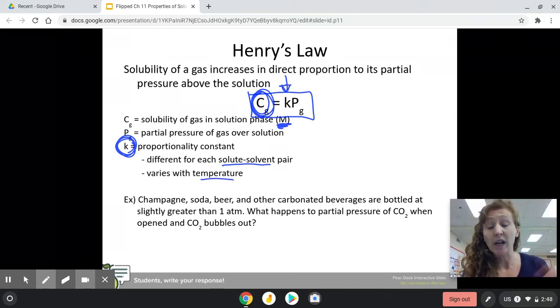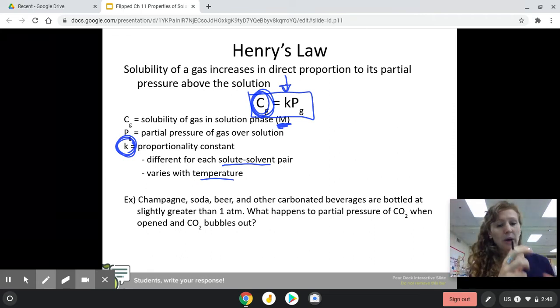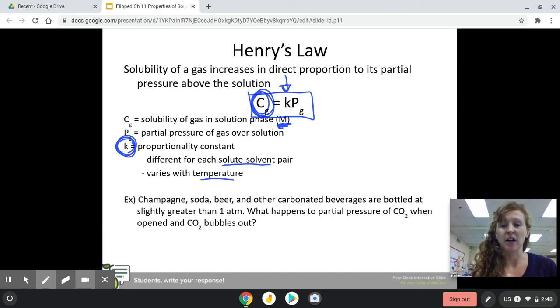And so if you want to know what the K is, you either need C and P to solve for it, or you need a reference. And so that's usually what we use. Somebody at some point in time sat down with a whole bunch of solutes and solvents, and they measured very carefully this relationship between C and P, and they determined very carefully what K is in all of these instances.